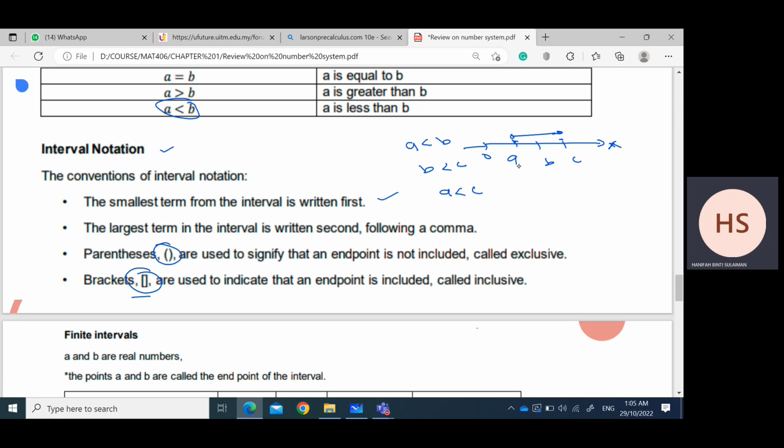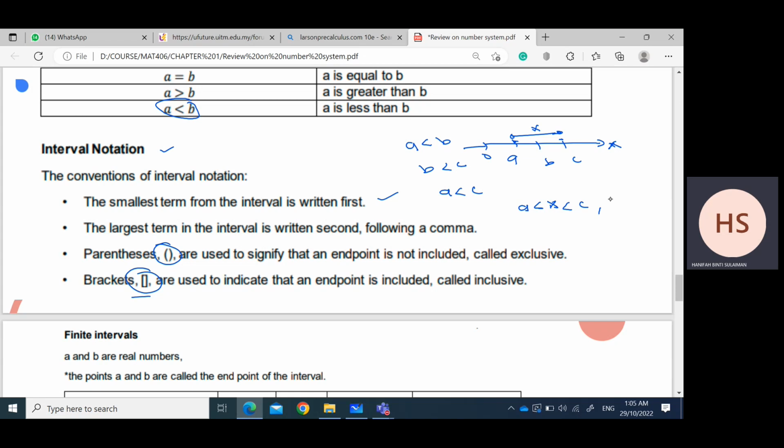Okay, so contoh kat sini, the values of X is between A to C. In between, di antara A dengan C. So, kita boleh katakan X lebih besar daripada A dan kurang daripada C. Okay. So, this one is also interval notation. And we also can use parenthesis. So, yang ni kita kena guna parenthesis lah. Sebab A dan C tidak termasuk dalam nilai-nilai X. So, form it into parenthesis.